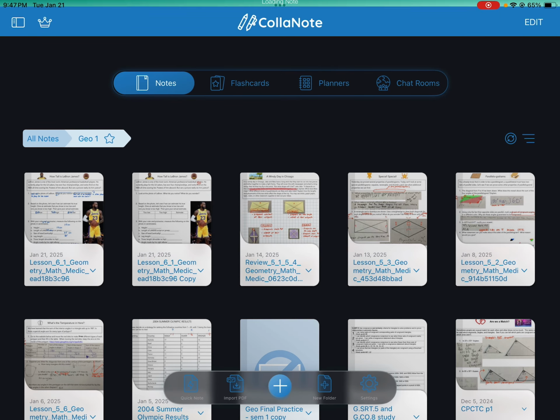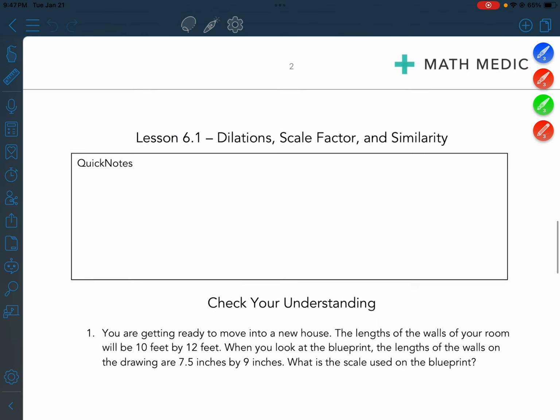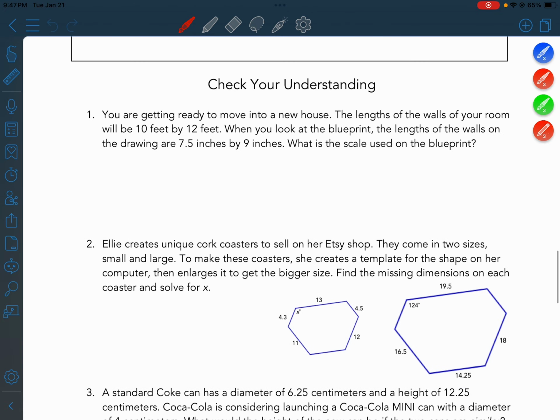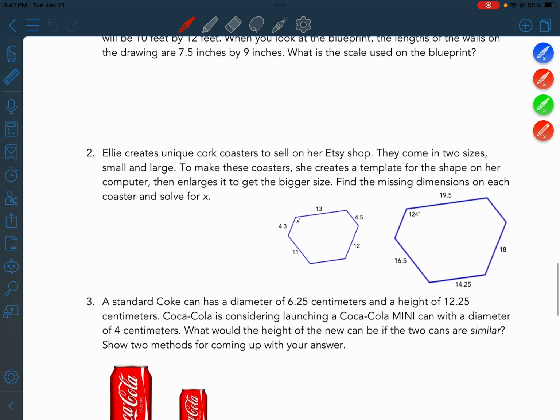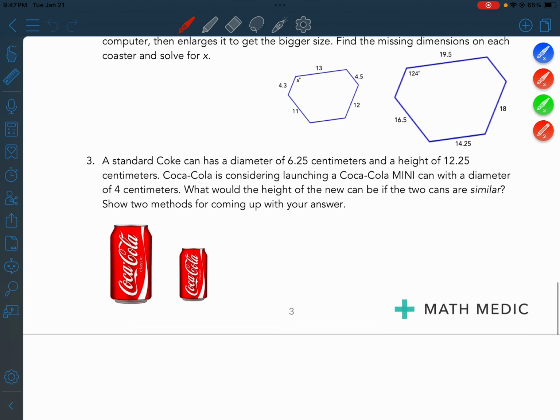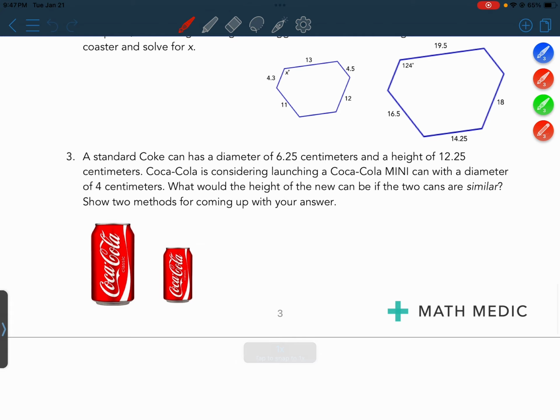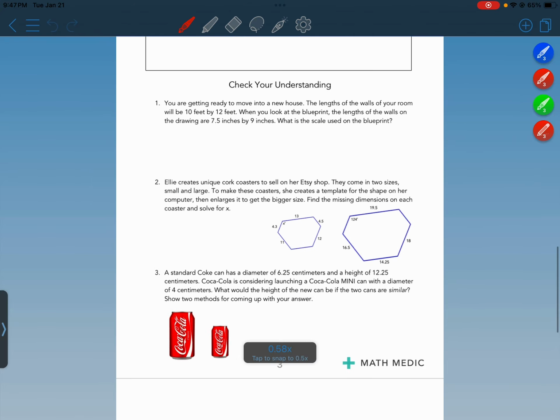There are, I think, three questions there, right? One about the dimensions of a room, another one about what looks like a hexagon shape, and then the last question is about a regular Coke can versus a mini Coke can. All right, so go ahead and set 5 minutes on the timer.